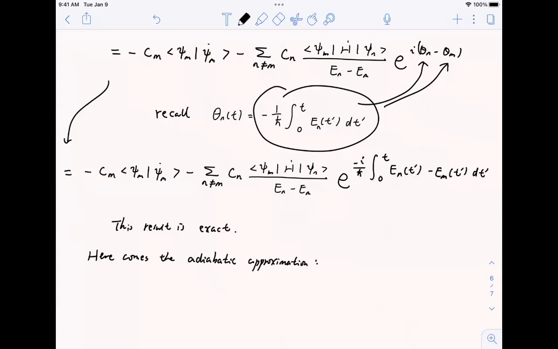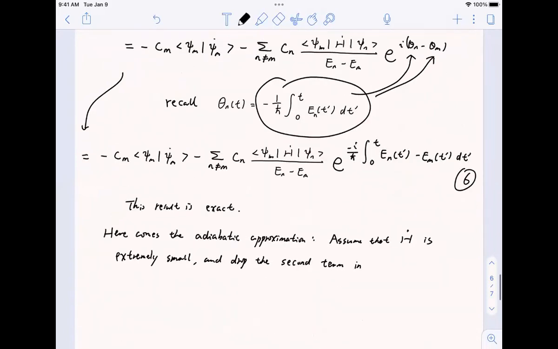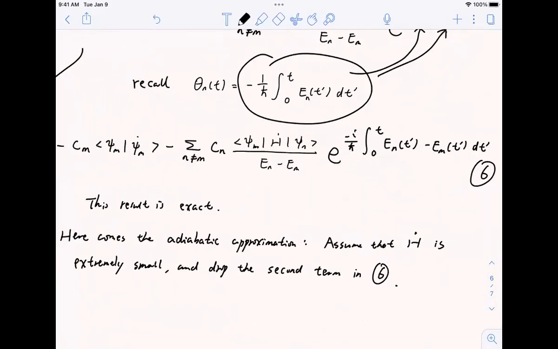We're going to assume that it is extremely small, and drop the second term. Let me say this is equation 6 then. In 6, we're going to drop this term. We just assume it is very small.